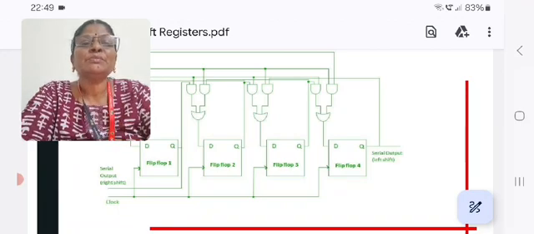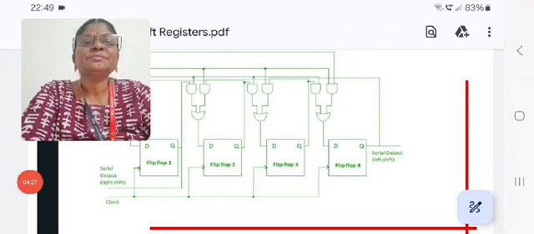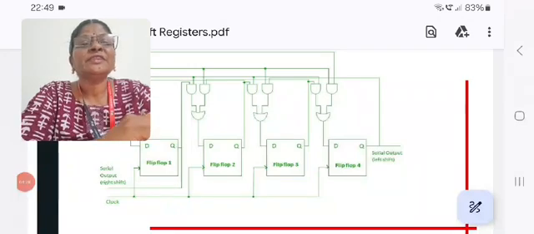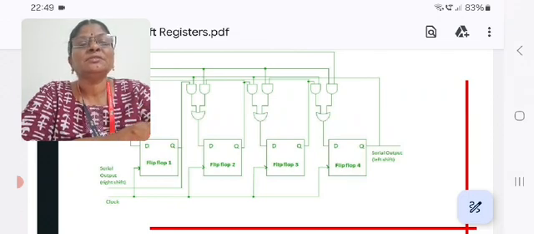In this mode selection, we give two inputs, 0 and 1. If your mode input is 1, then the shift right option will be accessed, and your data will be shifted from one flip-flop to another flip-flop towards the right side.